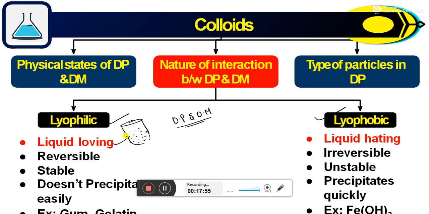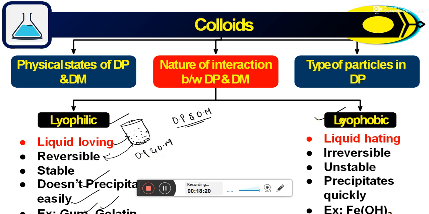Liquid-loving solutions are called lyophilic solutions. I can prepare the colloidal solution, and I can also separate it into dispersion phase and dispersion medium. Both are possible. They do not precipitate. Have you ever seen fat particles at the bottom? No. They are easily separated. Examples: gum, gelatin.